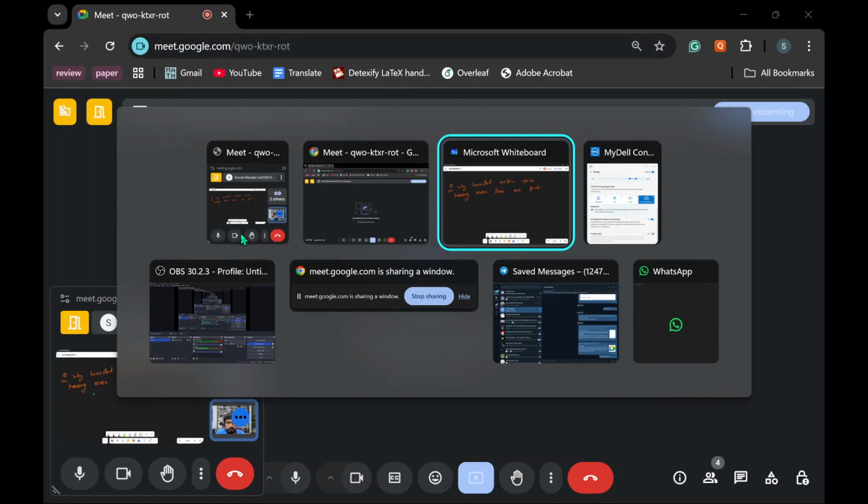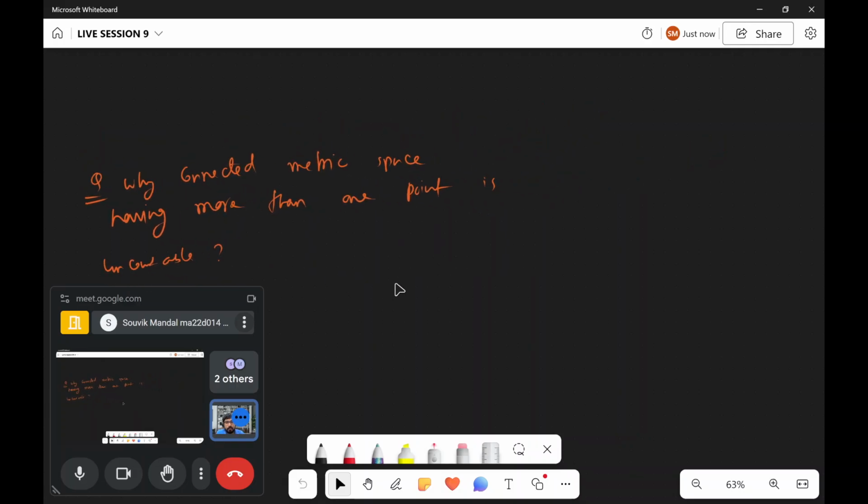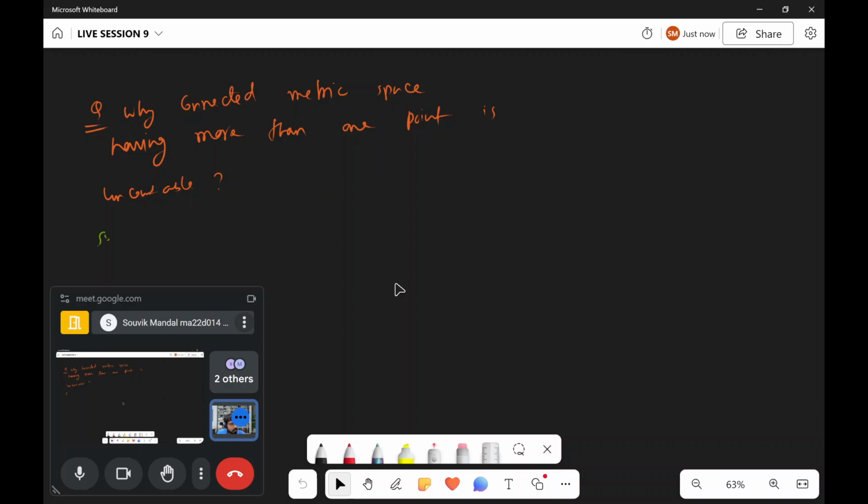So why is a metric space having more than one point uncountable? The argument goes as follows.